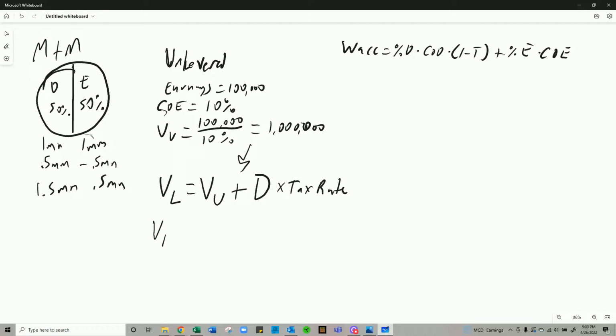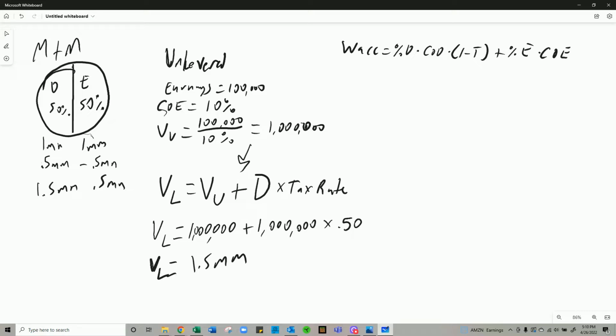So if we want to find out the value of the levered firm, and we want to make it exactly like our other one, with $1 million of equity and $1 million of debt, all we would need to do is value unlevered, $1 million, plus $1 million of debt times 50% tax rate. And the value of the levered firm equals $1.5 million.